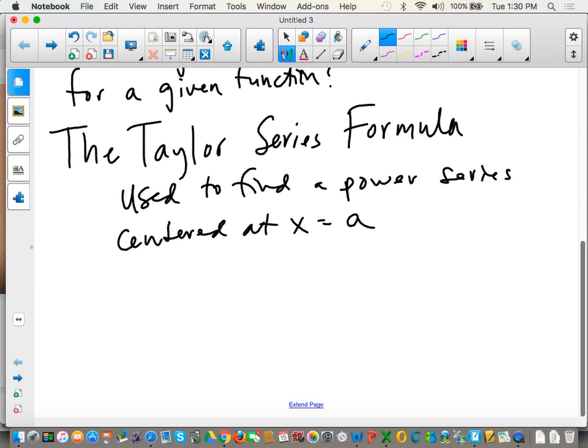So if we're going to find a power series, you've got to be given a function and you've got to be told what you want the center of your interval of convergence to be. So it's always focused around some middle of this interval, the center of the interval.